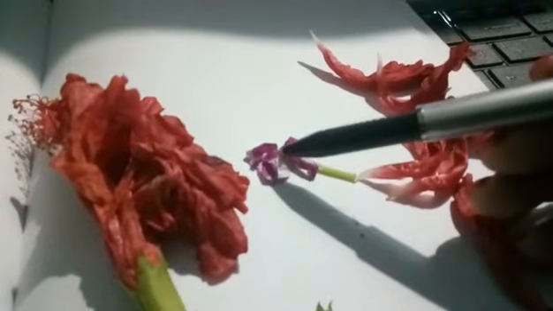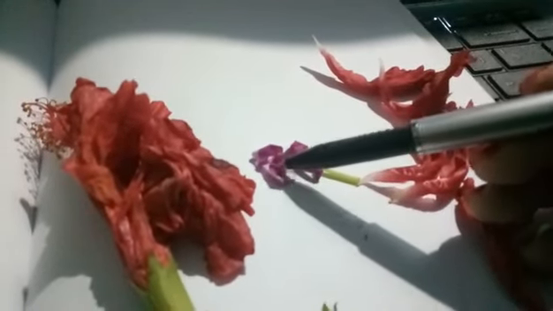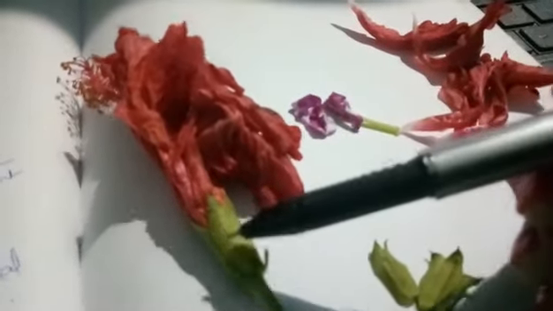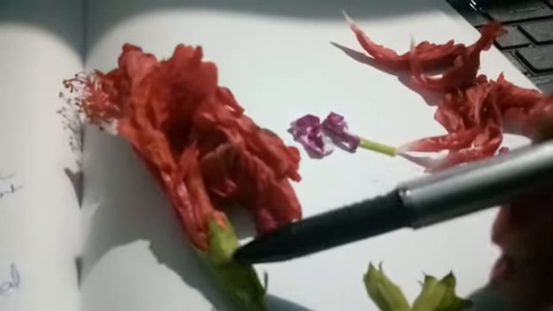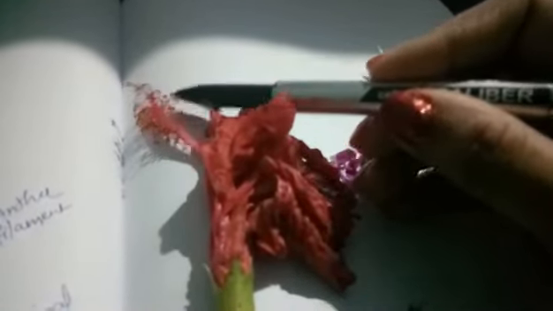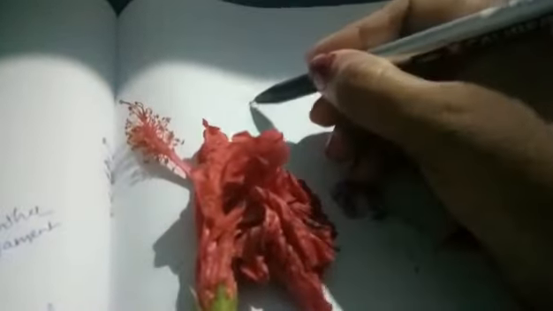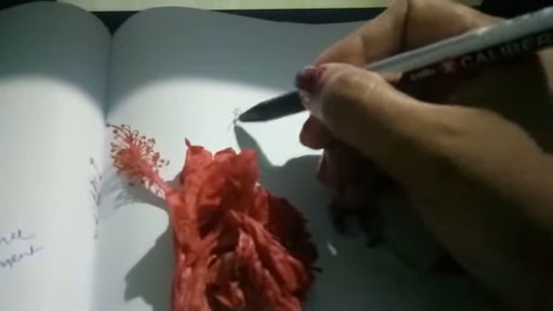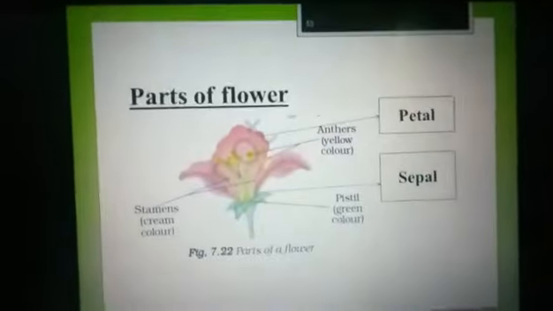And this one is of purple color, so the petal is of purple color, and this is the sepal, these are petals. And observe these knob structures and the filament stalk. This one is the stamen, this one is the anther, and here it is the filament, right? The male part, and the female part is inside.